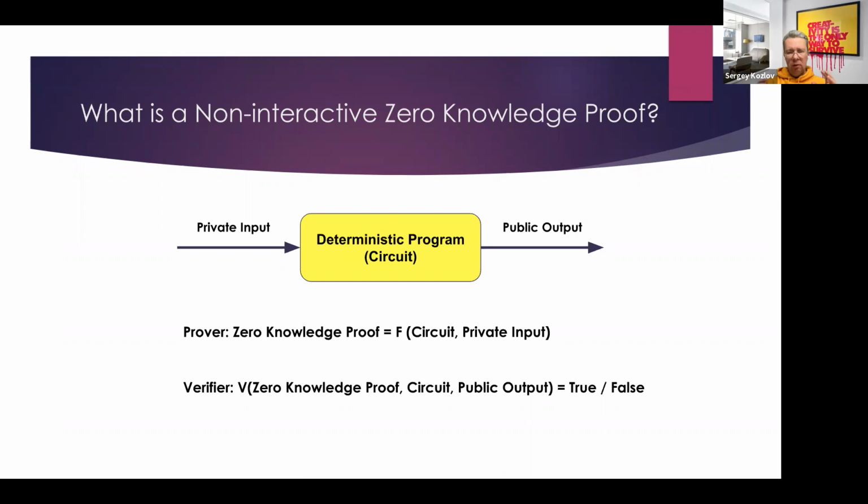So what our prover is doing, he or she is using the special function called f, using the circuit, that's this program, and his or her private input to generate some zero-knowledge proof. Zero-knowledge proof is just data. And the verifier may use the function v, where he uses our calculated zero-knowledge proof. The deterministic program circuit is also open, so it's public, everyone knows it. And the public output.